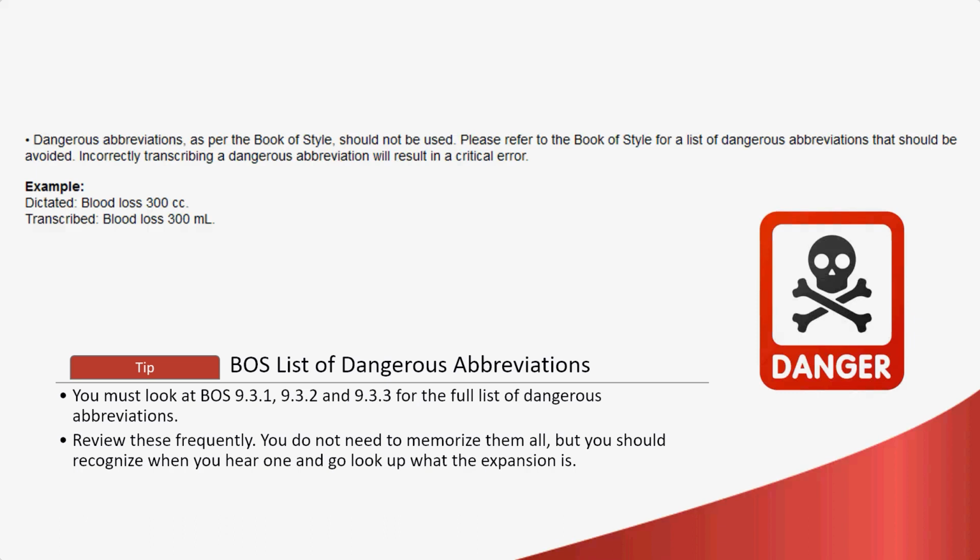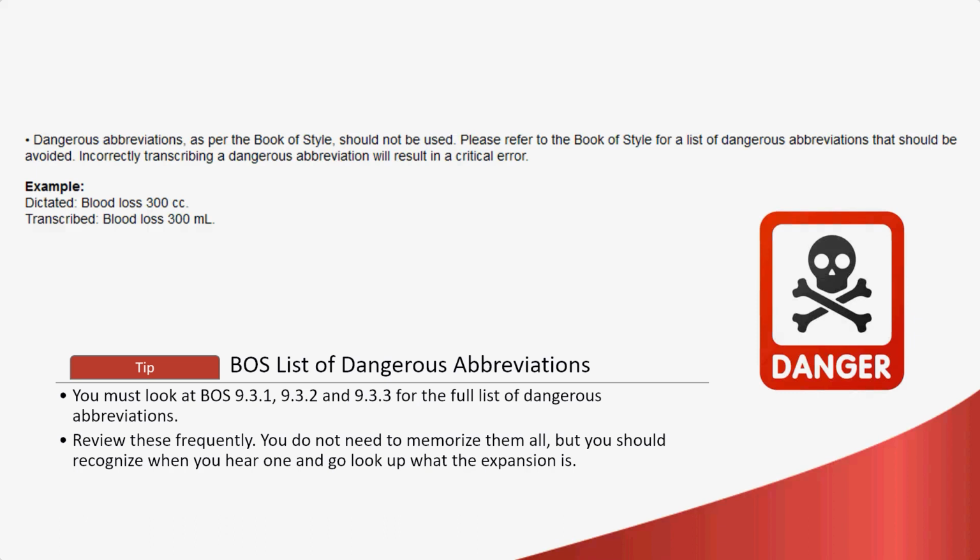So for an example, blood loss 300 cc should be changed to blood loss 300 milliliters. So cc and ml are actually the exact same amount, and cc is dangerous. You'll notice if you look in the Book of Style that usually dangerous abbreviations are ones that look similar or sound similar to other abbreviations and could be mixed up or read incorrectly.